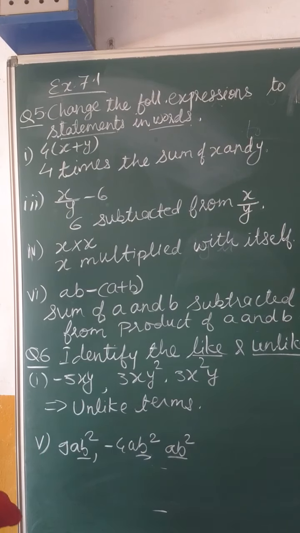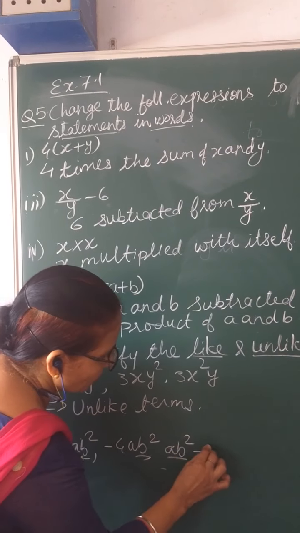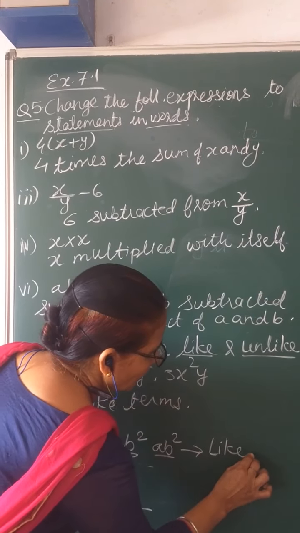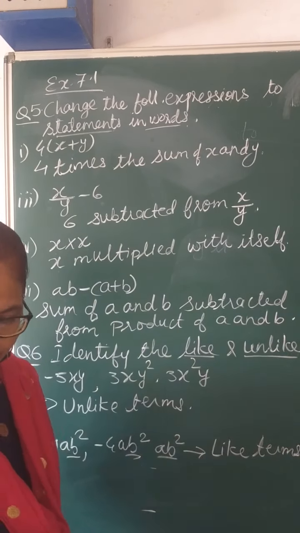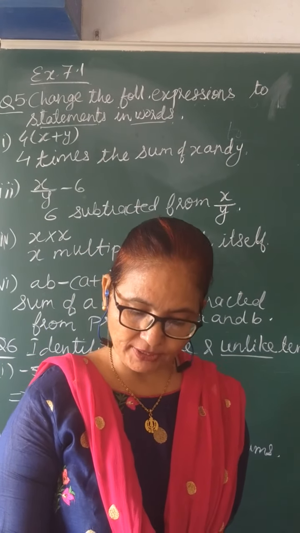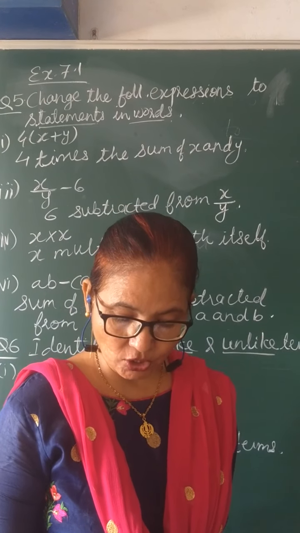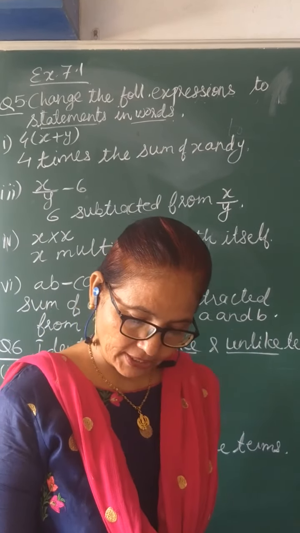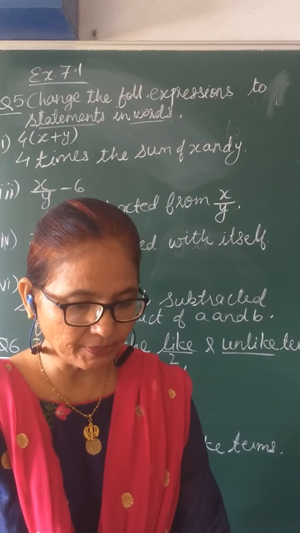So these are like terms. In the same way, you can see the second example, 3a, 5a, 7a, minus 6a given. A. Okay. So this is also an example of like terms. Now in this way you can simplify the remaining sums.